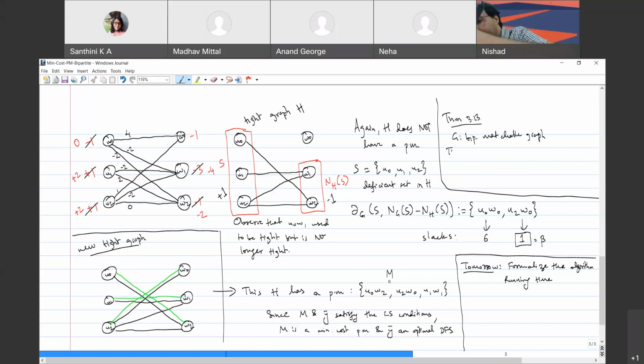So from that you can conclude that for any bipartite matchable graph, the LP relaxation, minimize C transpose X subject to AX equals 1 and X at least 0, where C is a cost function from the edges to the real numbers, always has an integral optimal solution.